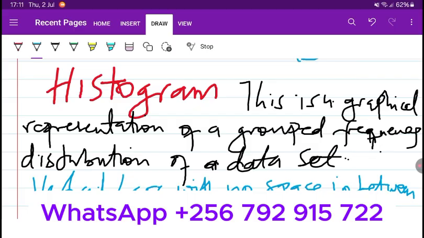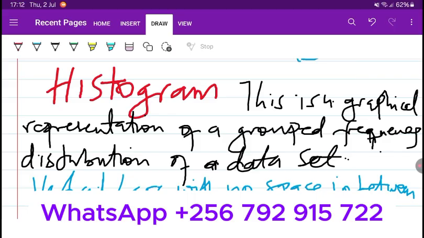For each class, we draw a bar, and that bar has a width, or its base, which will be the class, and then the height of that bar will be its respective class frequency.